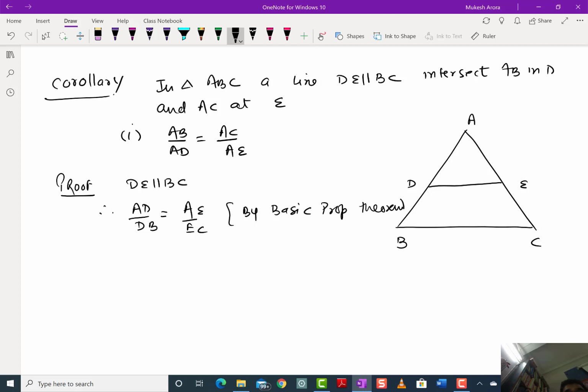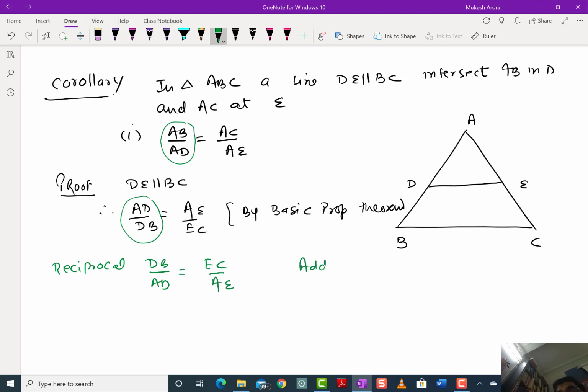We have to prove AB upon AD. From here we have to see what is given to us. Given is AD, so we will put that into the denominator. The reciprocal will be DB upon AD is equal to EC upon AE.